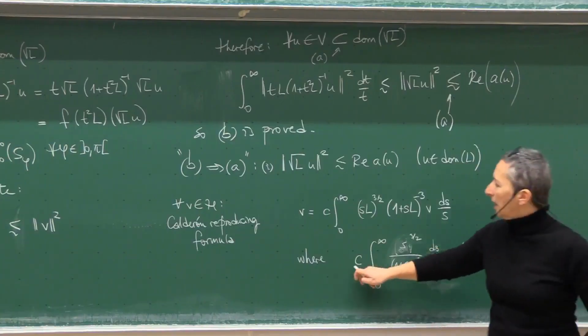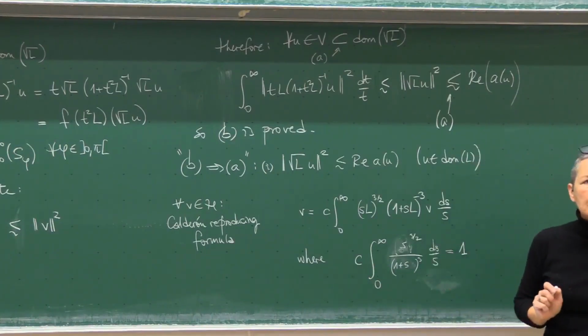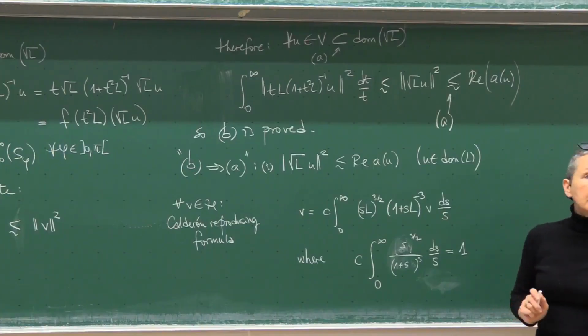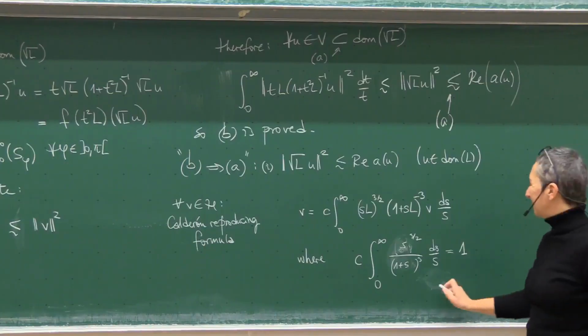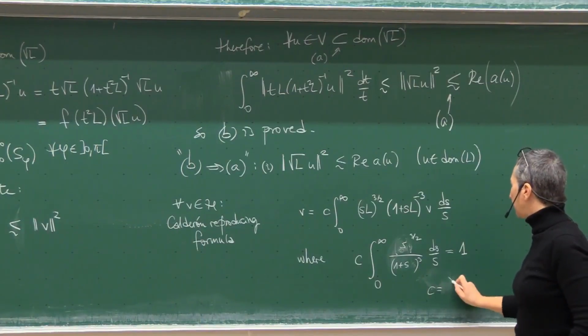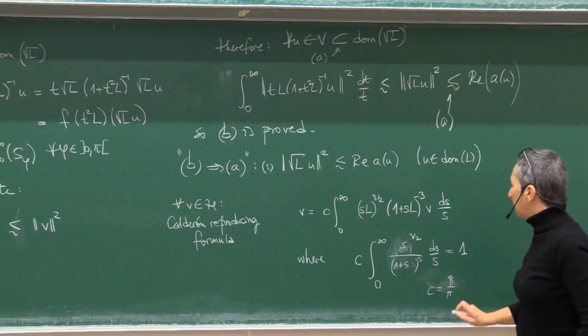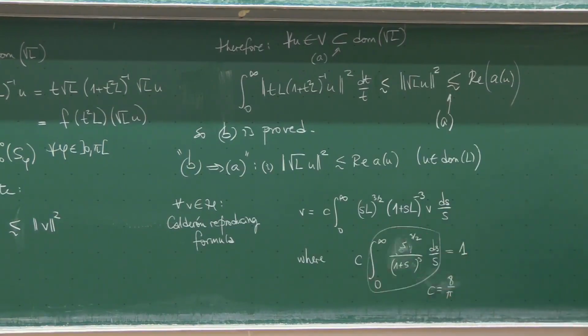And actually, you can compute this constant c. I didn't, I just believe what my co-author said. It should be 8 over pi, so it means that this integral is equal to pi over 8. Good. So far, so good.